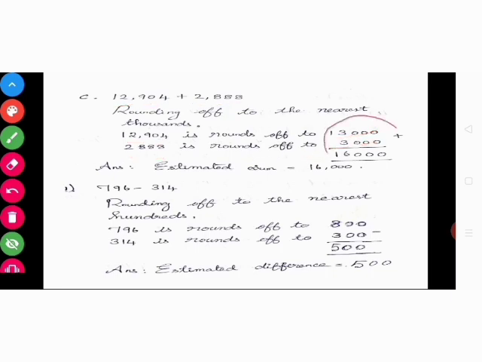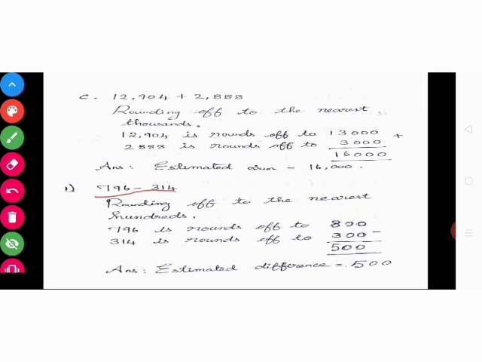Now you want to do the addition: 13,000 plus 3,000. You got the answer 16,000. The estimated sum is 16,000. Yes.